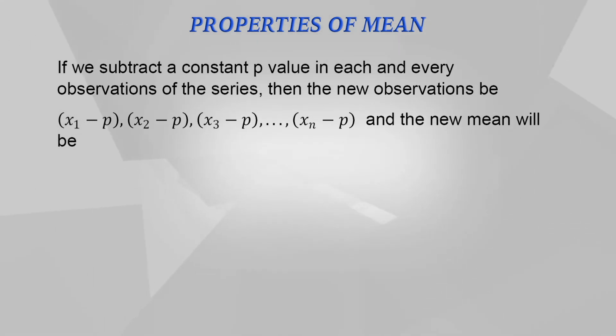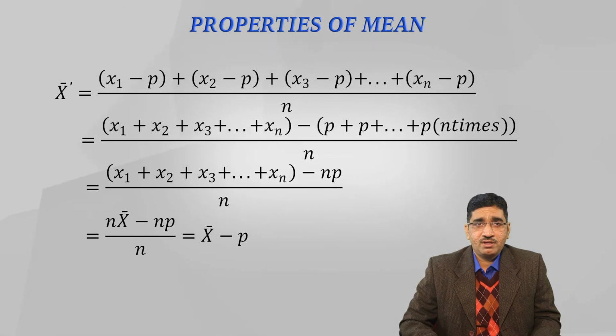Now, again if we subtract a constant value p from each and every observation of the series, the new observations will be x1 minus p, x2 minus p, x3 minus p up to xn minus p, and the new mean will be calculated with the help of the new values. That will be the sum of all the new observations, x1 minus p plus x2 minus p plus x3 minus p up to xn minus p, divided by small n.